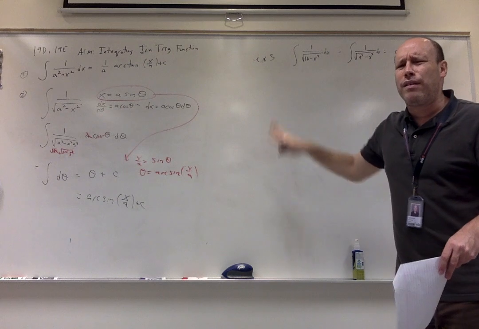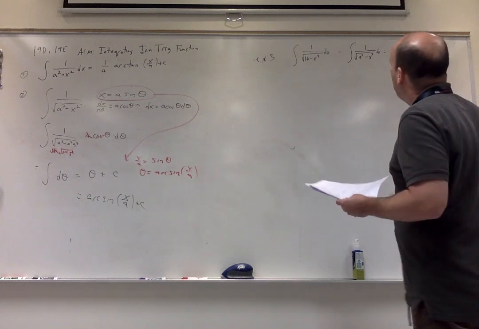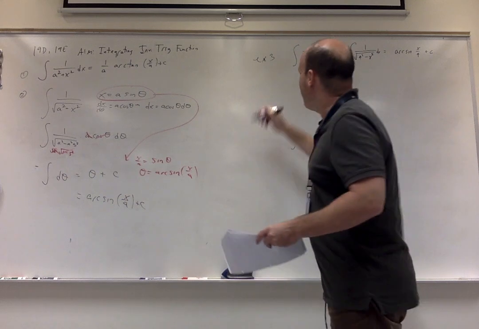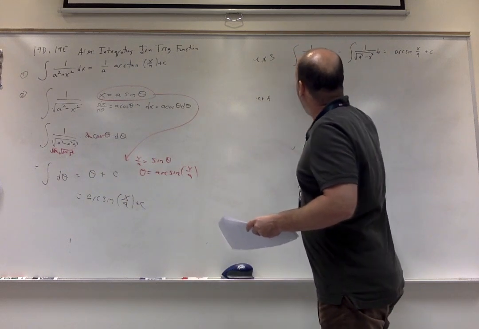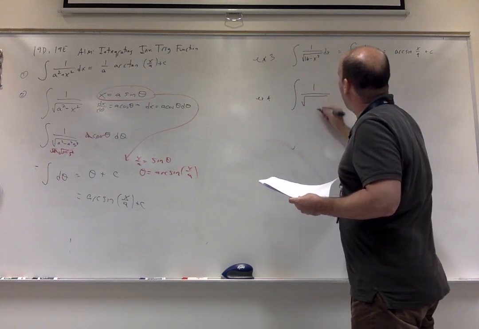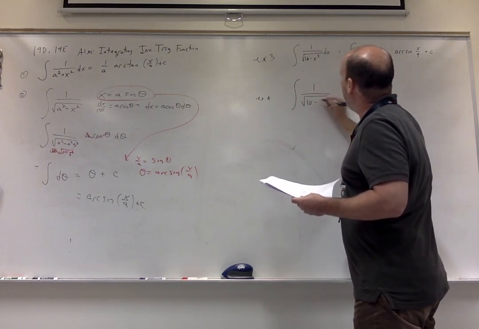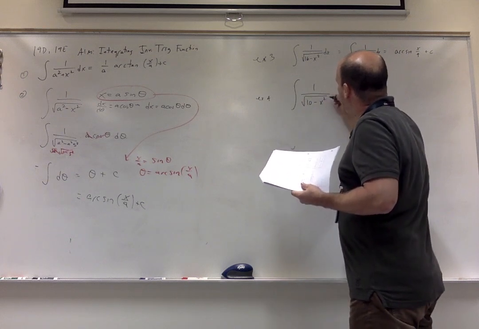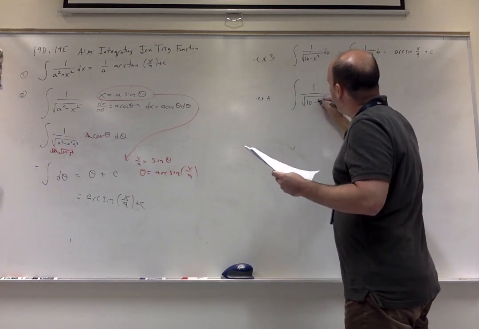Let's throw in some numbers. Let's take it up even more notches. Ready? You ready for this? Example 4. How about the integral of 1 over the square root of 10 minus x squared? Well, let's make it 9x squared.